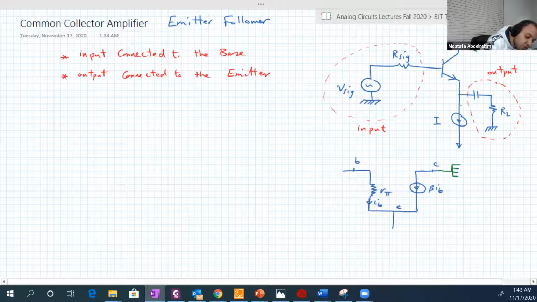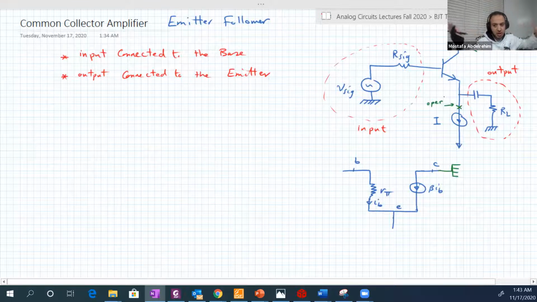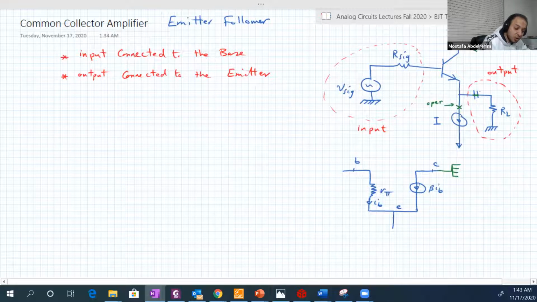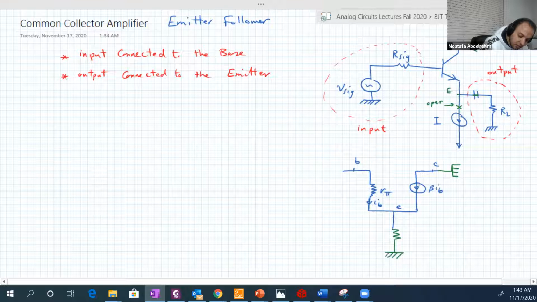So it will be open circuit here, and if it's open circuit, you can just ignore it. And the capacitor will be short. So the emitter here will be connected through RL to the ground.